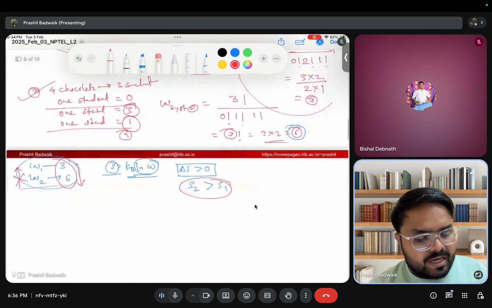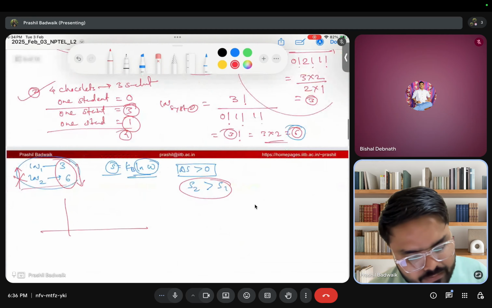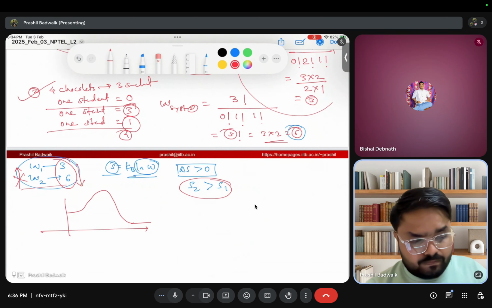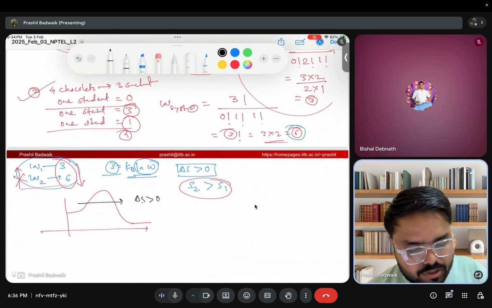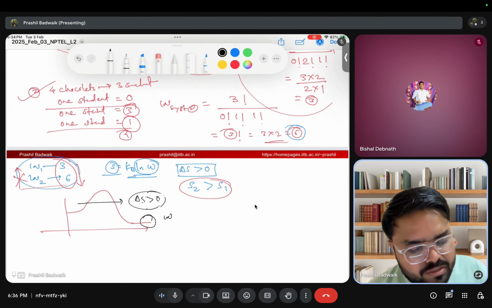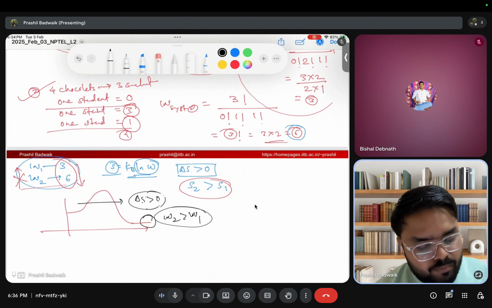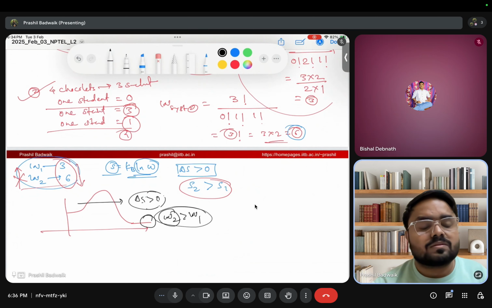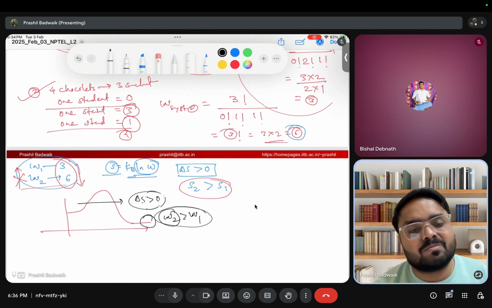So for example, I have a reaction that is happening where the reactants will convert into the product. The reaction will proceed only when delta S is greater than 0. That means in the product state, W is higher than W1. So based on the number of ways in which I am distributing something, W can tell you whether the process is feasible or not.